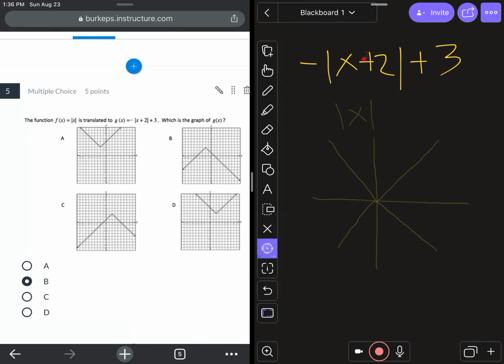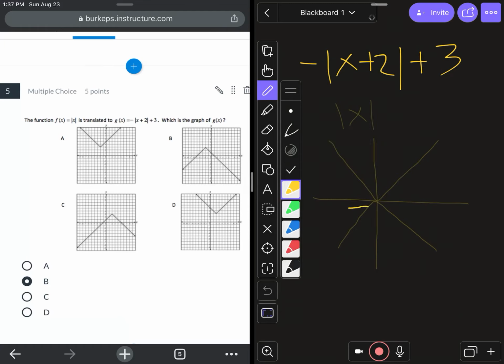Okay, and then I'm going to move it left 2 because that's what that 2 tells you to do. I'm going to take that bottom graph and move it left 2 and up 3. Left 2 and up 3.